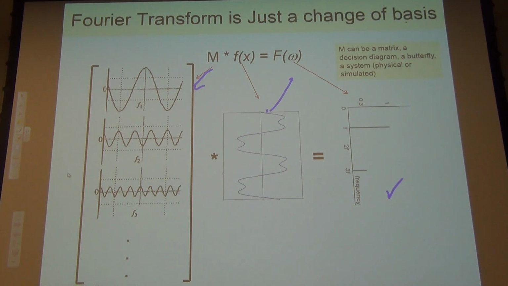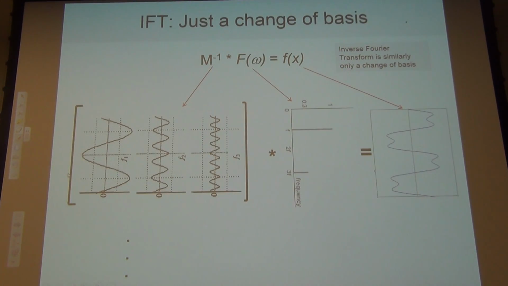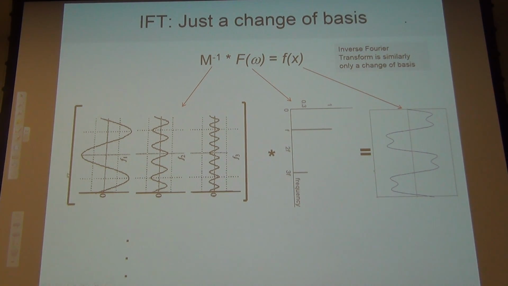This is called a Fourier transform. We also can multiply an inverse matrix in front of the frequency signal spectrum, and you can get the original signal. This is called an inverse Fourier transform.